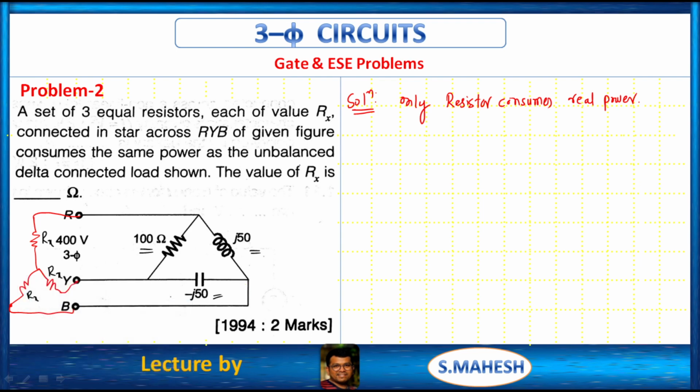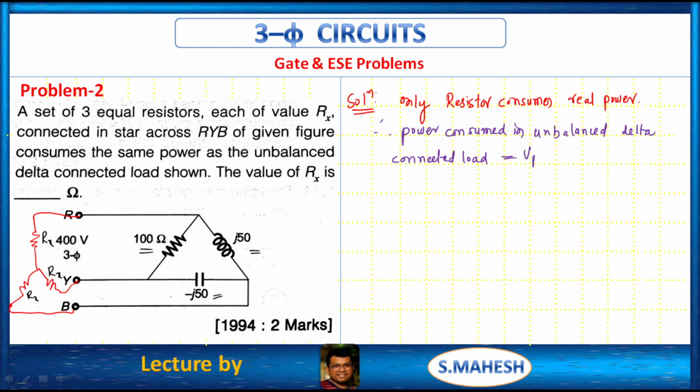Therefore the power consumed in the unbalanced delta connected load, which is equal to what?